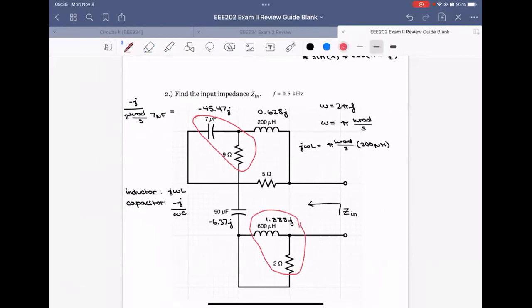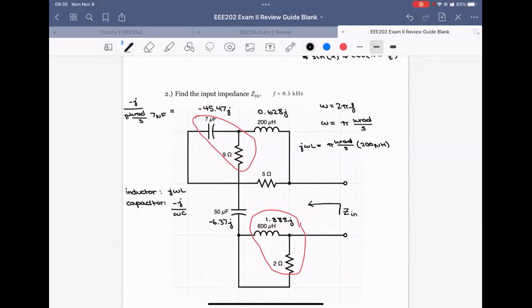They are both in parallel, not with each other but separately. The one red at the top and the one red at the bottom are parallel on their own, and they're all resistances, so we'll get an equivalent impedance.